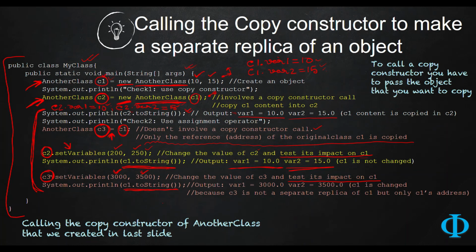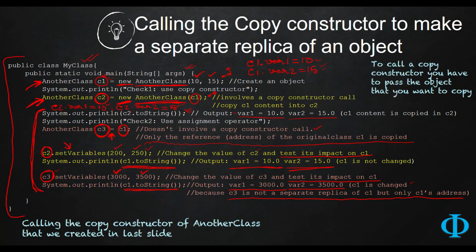Although you did not use C1 here, its value has changed. So var1 of C1 is now 3000 and var2 of C1 is 3500. As you can see, C1 has changed because C3 is basically not a separate replica of C1 but only C1's address, and both of them are pointing to the same object.